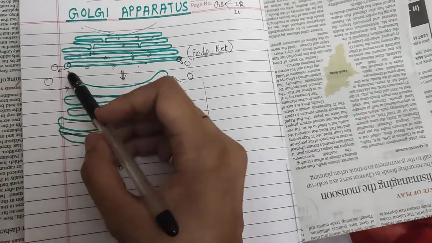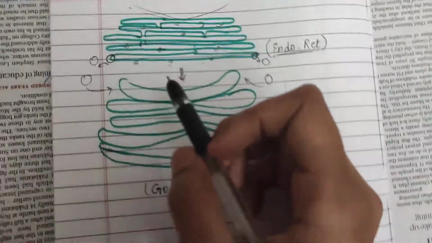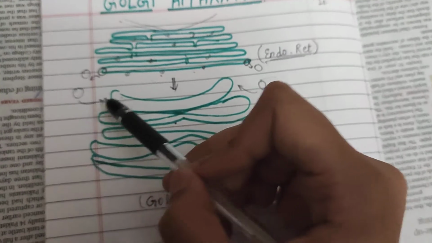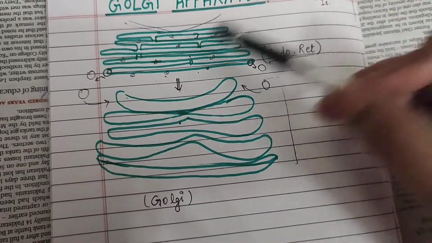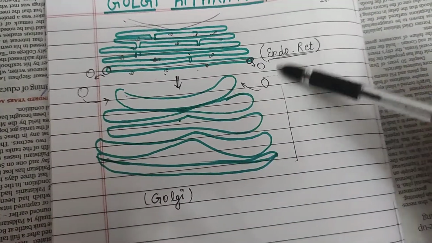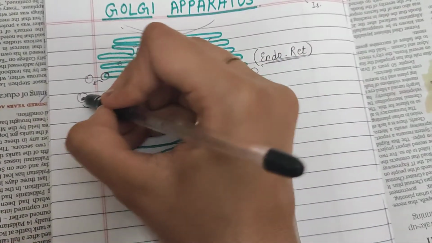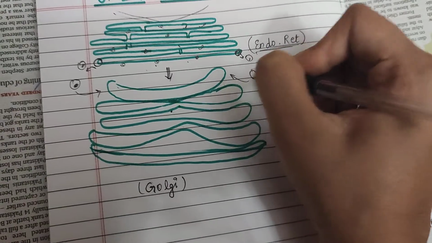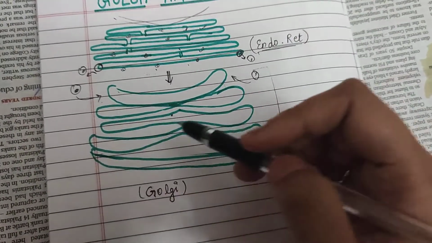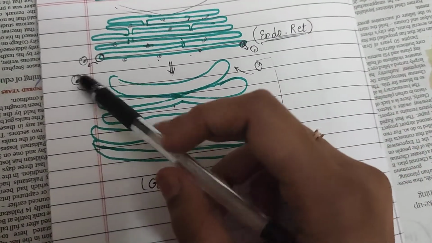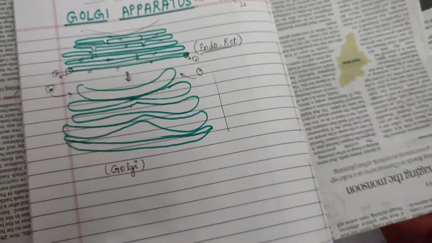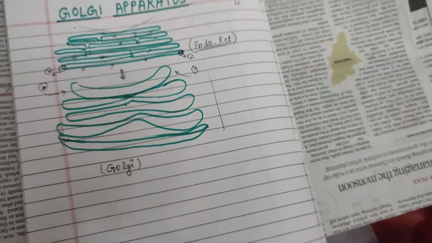Now these vesicles, when they are moving towards the Golgi, would be carrying the protein of interest. These vesicles are going to get fused with the Golgi.